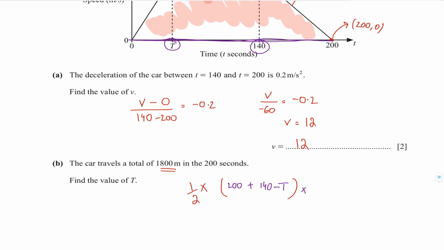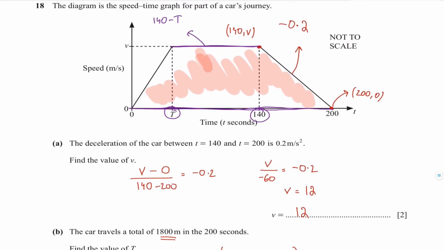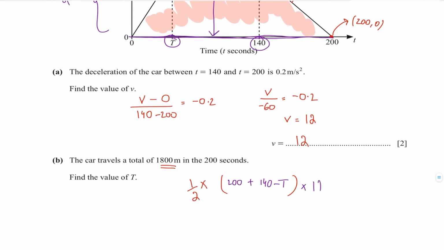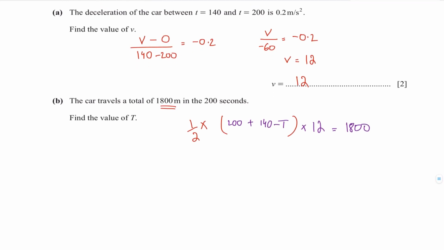So this is the sum of parallel lengths multiplied by the height. So the height is just the perpendicular distance between the two parallel lengths, which is equal to v, and that is something that we have already figured out, and that is 12. So multiplied by 12 is equal to the total distance, which according to the question is equal to 1800.